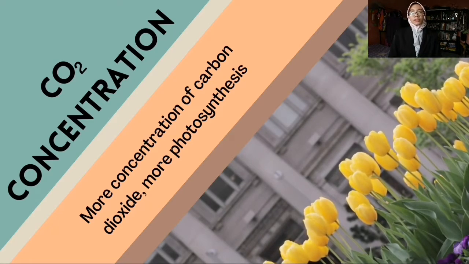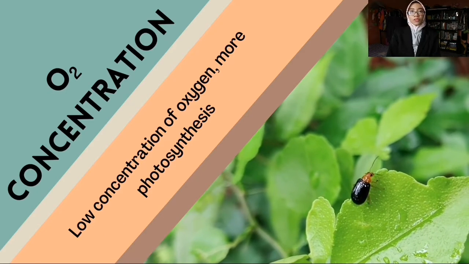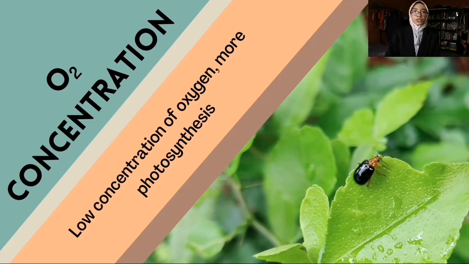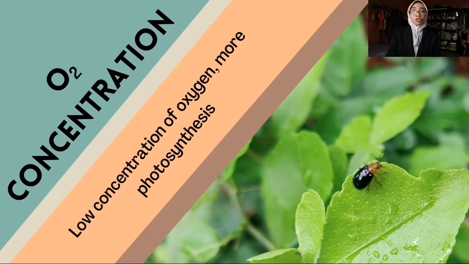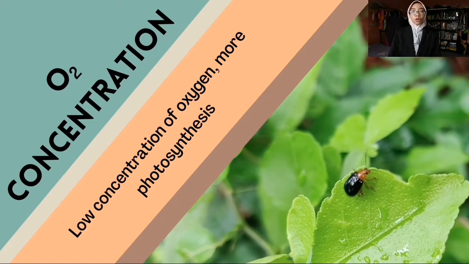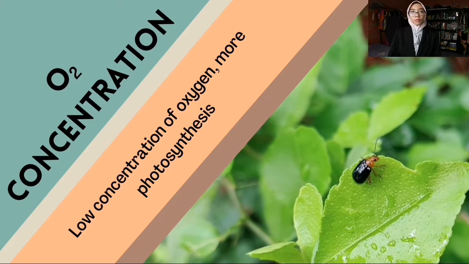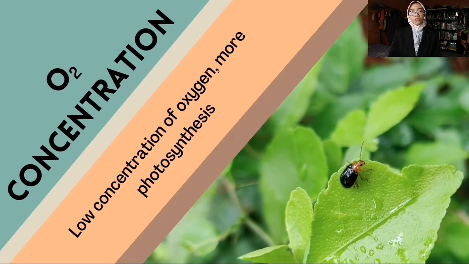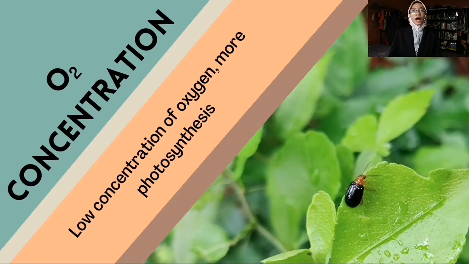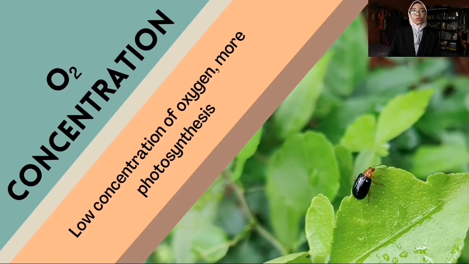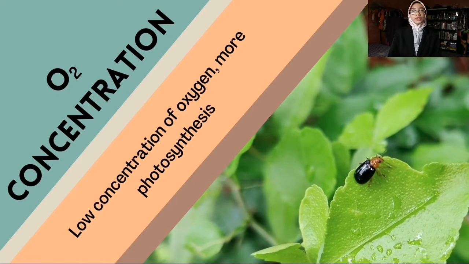If it's higher than that, the rate will decrease. The rate of photosynthesis will decrease as the concentration of oxygen is high. So that means the lower the concentration of oxygen, the more photosynthesis will happen. This is because oxygen and carbon dioxide are competing with each other to locate the active site of the enzyme.